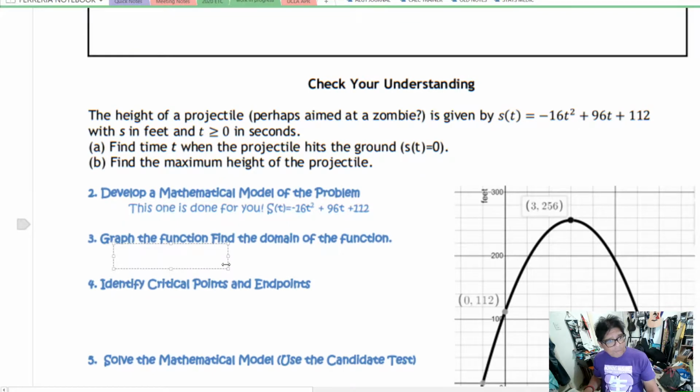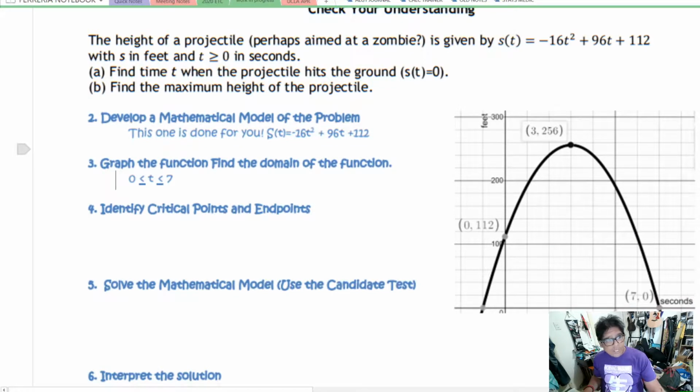We can see that the height of the projectile is 0 at 7 seconds. That's right down over here. And of course, the lowest value of t is going to also be 0 because negative time doesn't really mean anything to us here. Let's identify our critical points and our endpoints.